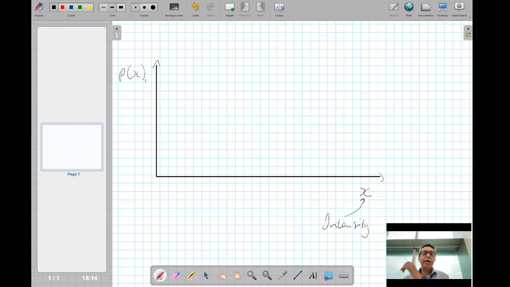So we're going to look at the probability density function of intensity across the image. Now, when we do this, normally the probability density function is something you only get to, a bit like expectation, by taking an infinite number of experiments. In this case, we've only got a finite number of pixels in the image.